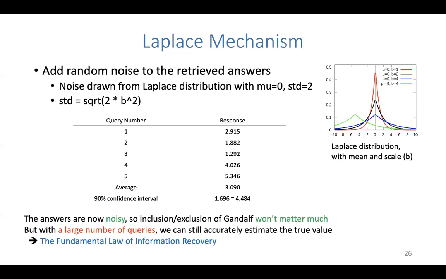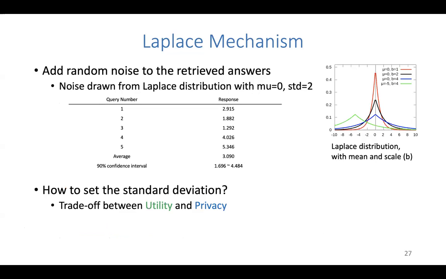Okay, so this is the whole Laplace mechanism. The question now remains how to set the standard deviation. If we set the standard deviation higher than like 10, it would surely give you very strong privacy protection, because the answer would be masked by the large magnitude noise.